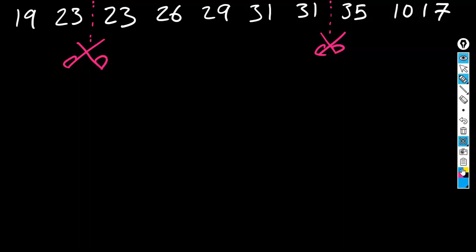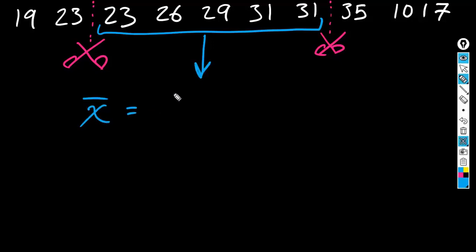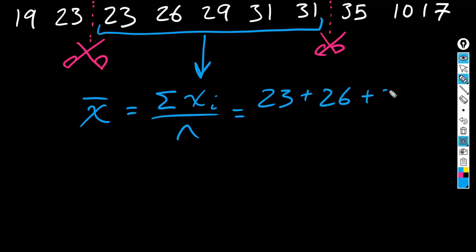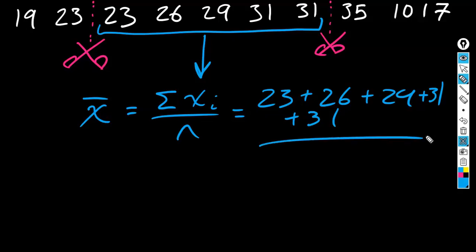And then we're going to just calculate an arithmetic mean, essentially, with what's left. So this is an arithmetic mean. We're just modifying how we do that.